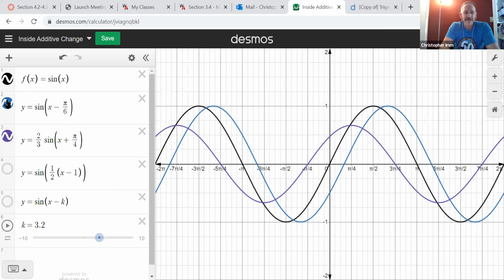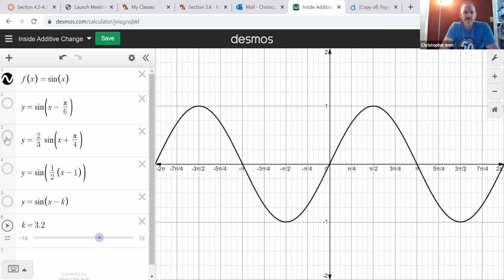Now the last one you see there should affect the period. So the period here should stretch it out by a factor of 2. So the period should be 4 pi, and this should also be moved over 1 to the right. And so you can sort of see that. You can see that move maybe over to the right 1 unit.